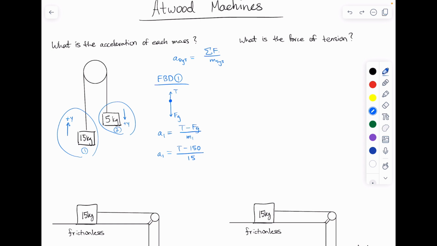We need another equation. So this is where the free body diagram for number 2 comes in. For 2, we would expect 2 to accelerate upward, right? So in 2's case, you've got the same size tension force going up, but the force of gravity is much smaller, right?